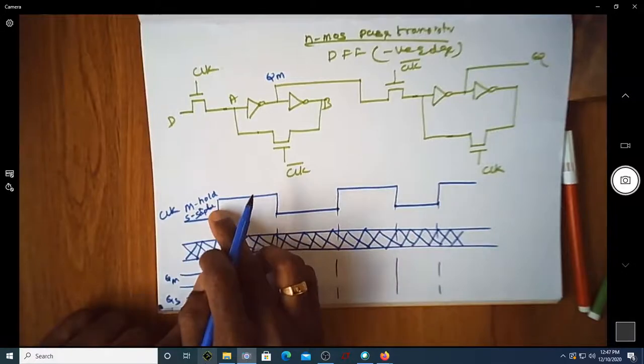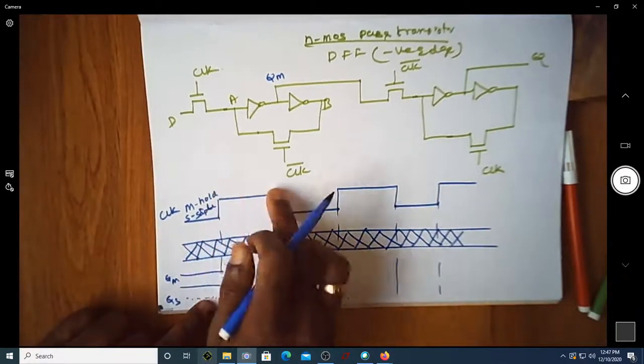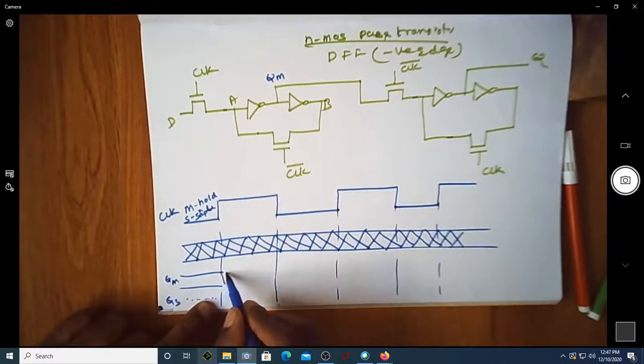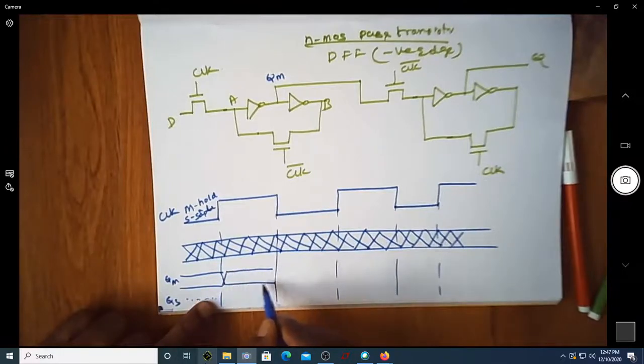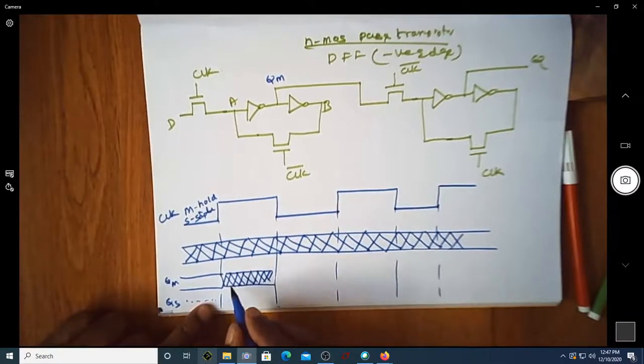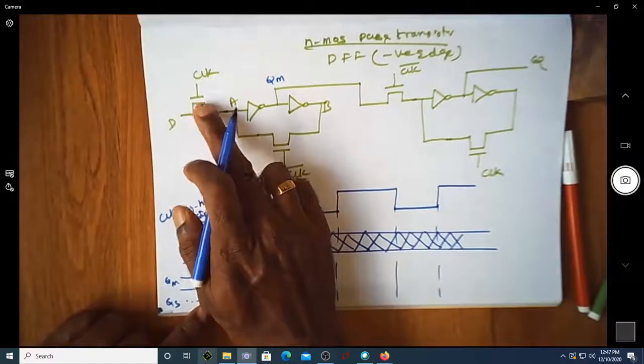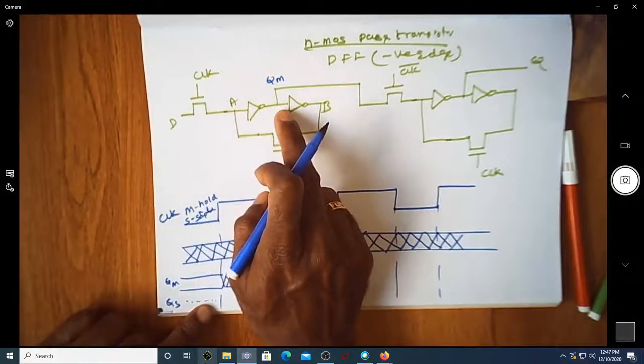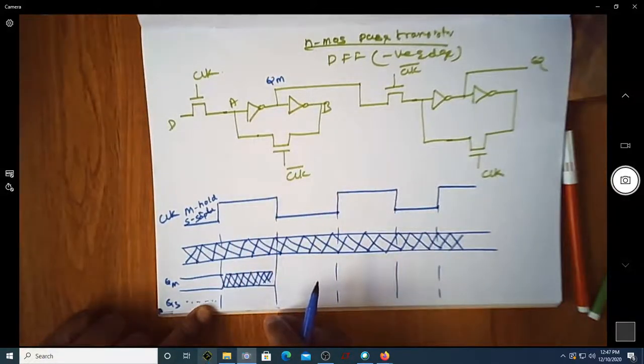When this clock goes high, we know that this will go to sampling mode, and this will be in hold mode, because now when clock is equal to 1, this is in sampling mode.